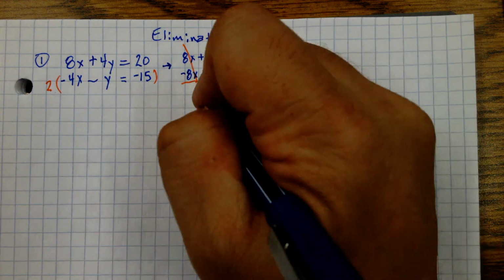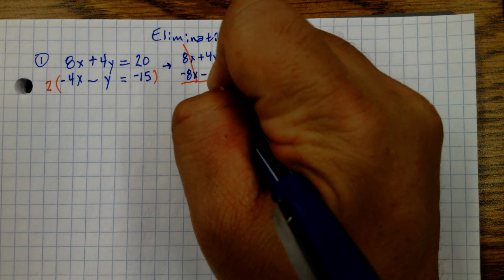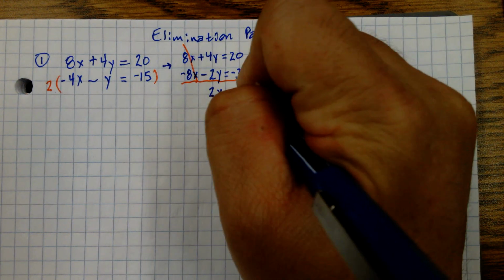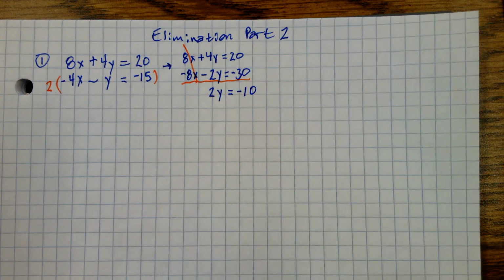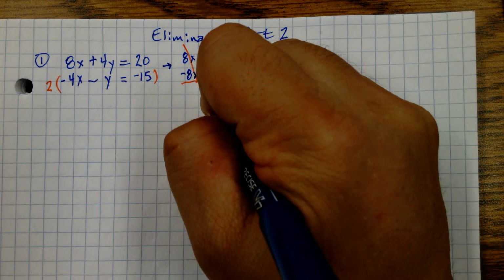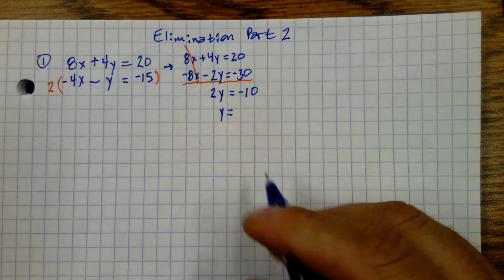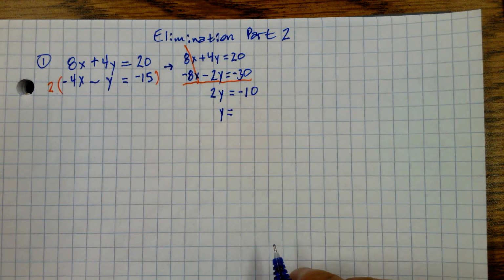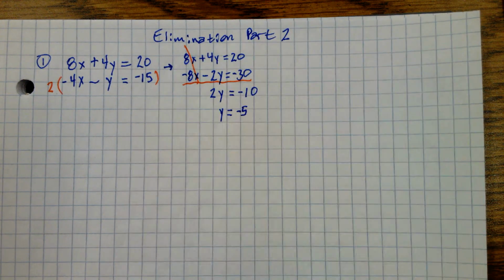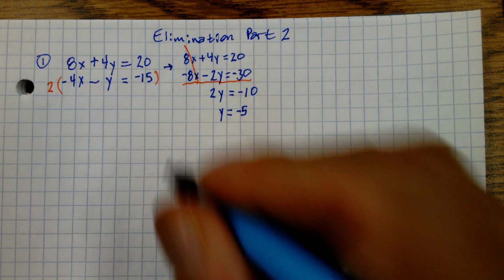And we have 2y equals negative 10. Okay? So what's going to be my answer for y? 2 times something is negative 10. Yeah, negative 5. So we got one of our values already.